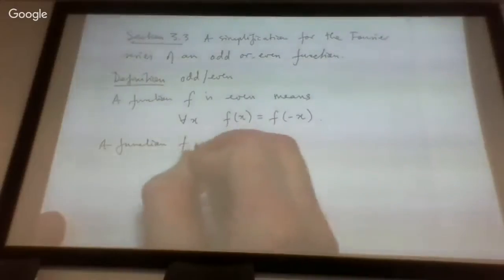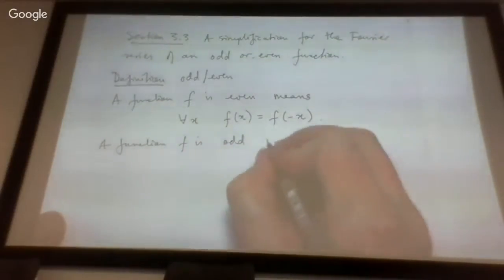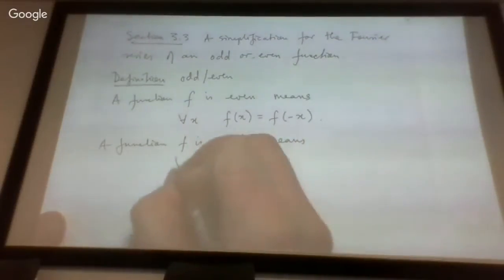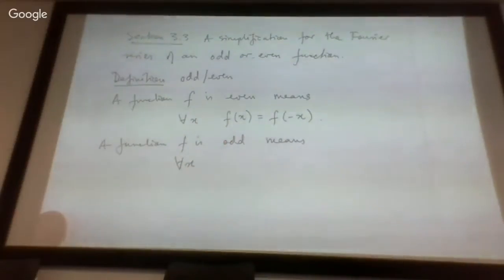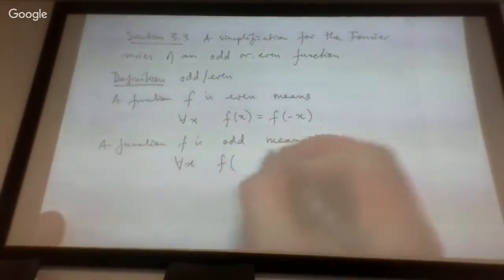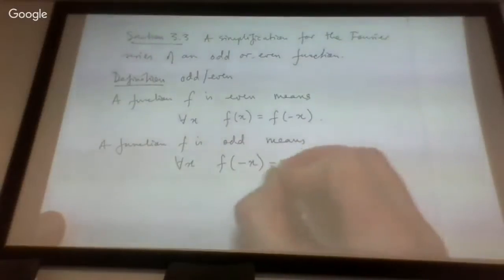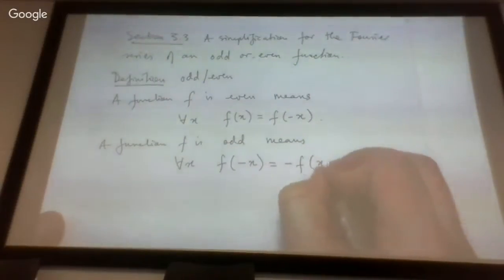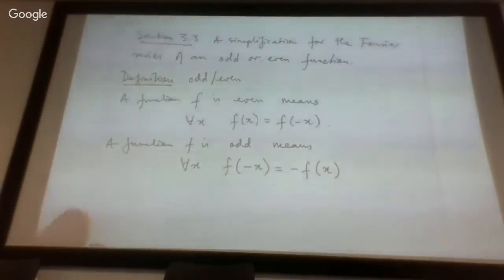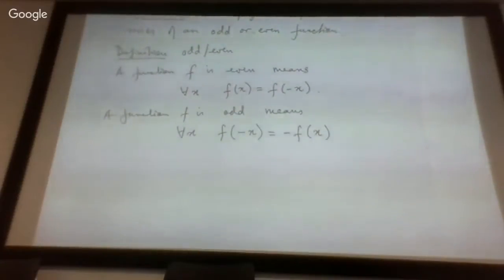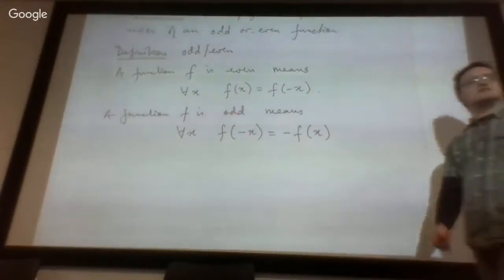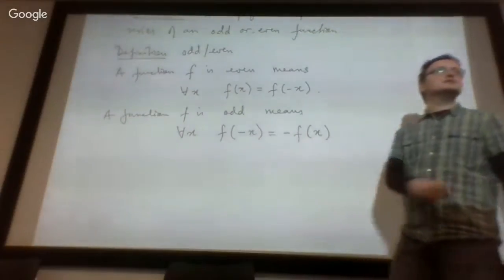A function f is odd means for every x in the domain of the function, f of minus x is minus f of x. So this time, the function is taking account of the sign of the argument.